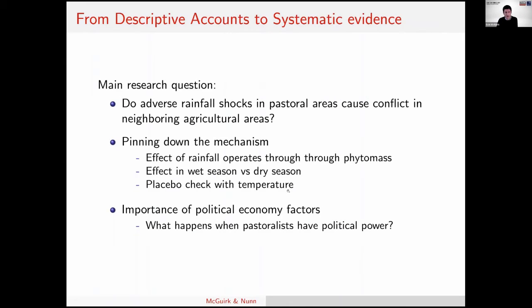We're also going to do a placebo check with temperature, which is not the first order determinant of phytomass. And if I have time, and this being CSAE, maybe I won't, we'll see if we can discuss a few political economy factors. Specifically, we don't see this effect happening when pastoral groups share more political power. That tells us something about the balance between grazing rights and cultivation rights that seems to be achieved when political power is shared at the national level.